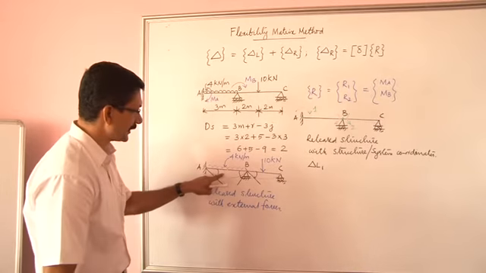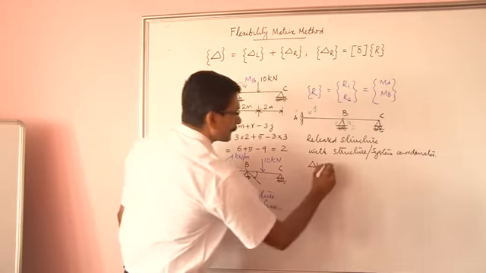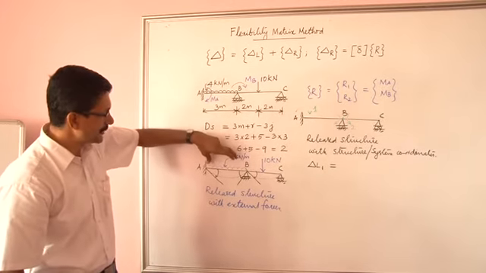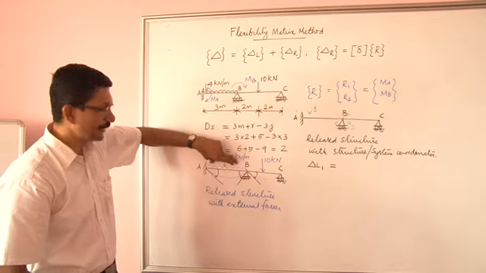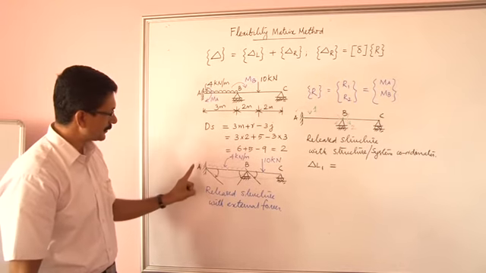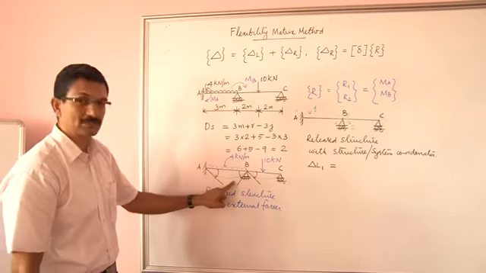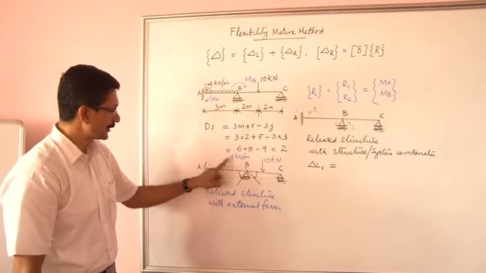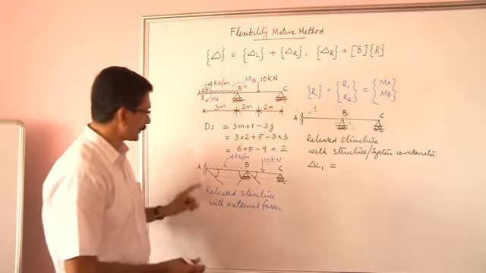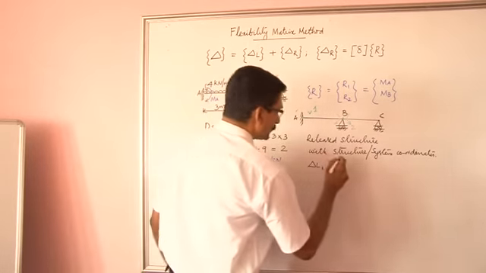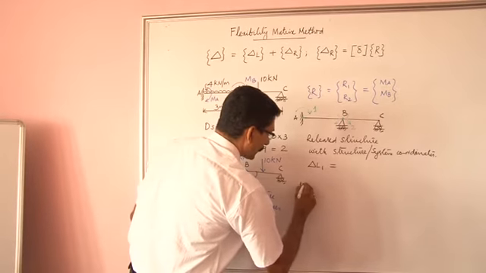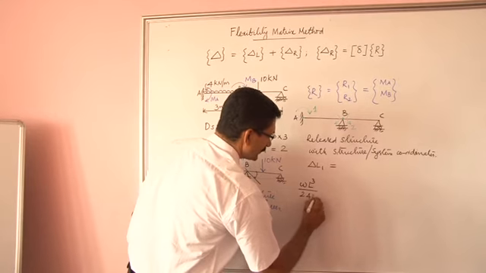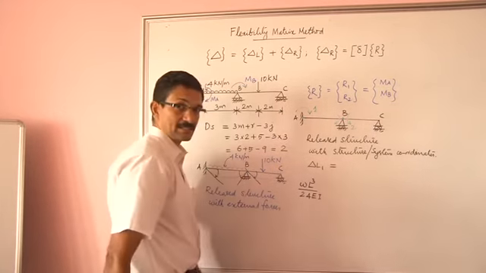Now to find out this delta L1 or this angle, we know that if we have a simply supported span loaded by UDL throughout, the rotations at the supports are equal, and if loading is W per meter and span is L, the rotation at the supports is equal to W L cube divided by 24 EI, which was derived in the previous lecture.